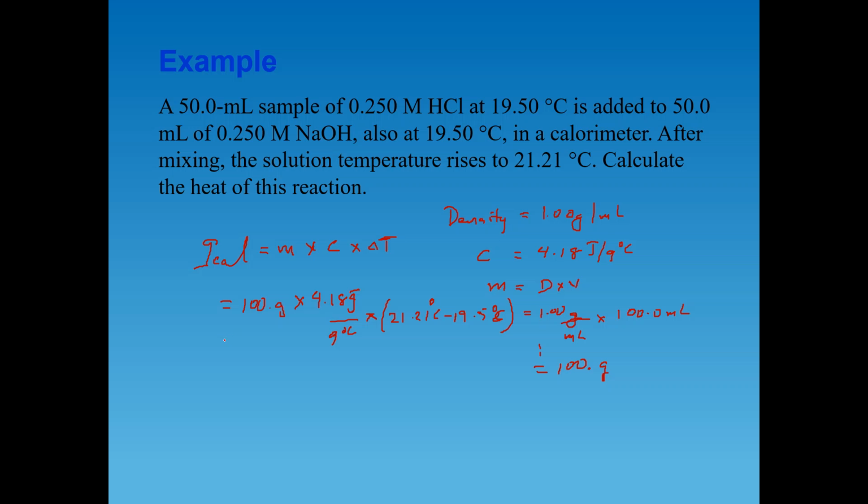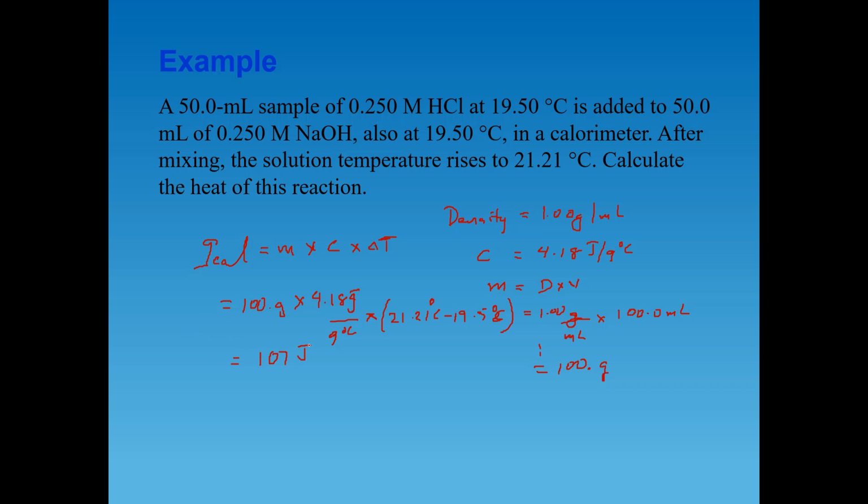Let me do that calculation. 21.21 minus 19.5 is 1.71, times 4.18, times 100. According to my calculations, rounded off to 3 sig figs, Q of the calorimeter is equal to 107 joules.